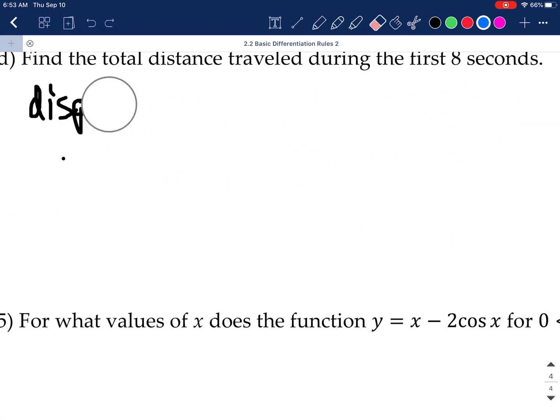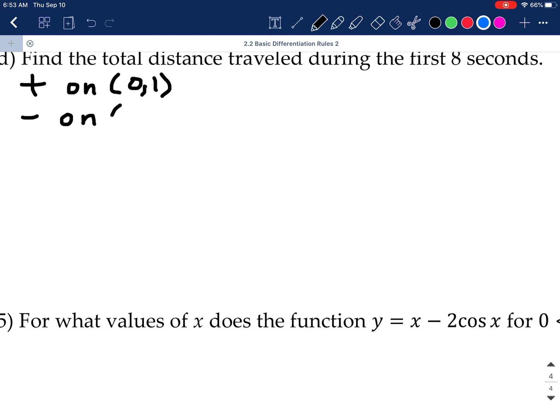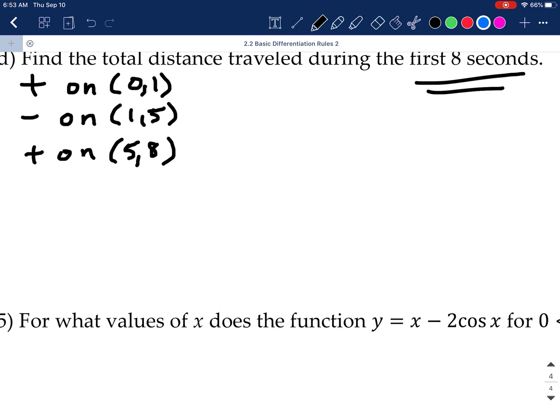So for the first 8 seconds, we'll just note that our particle is moving to the right on 0 to 1, to the left on 1 to 5, and then to the right on 5 to 8. So we're actually going to close our interval because we only care about up to the first 5 seconds.